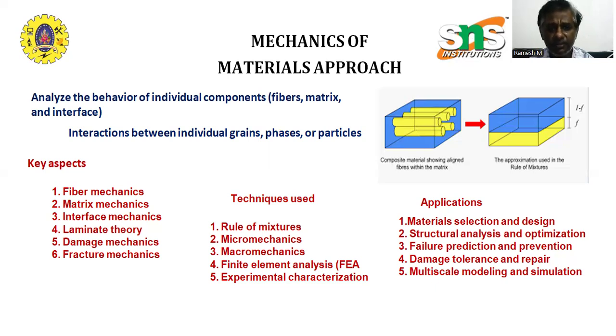The mechanics of materials approach in composite materials involves analyzing the behavior of individual components. The individual components in composite materials are fibers, matrix, and the interface. In this approach, we analyze the behavior of these individual components to predict the overall properties and behavior of the composite material.